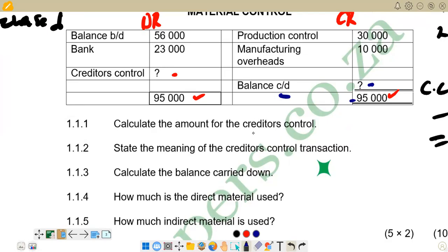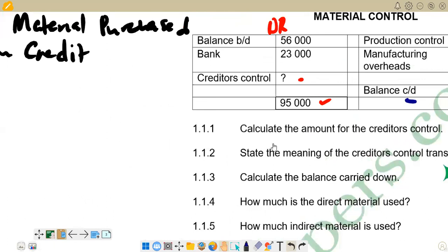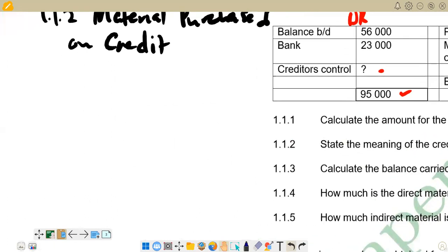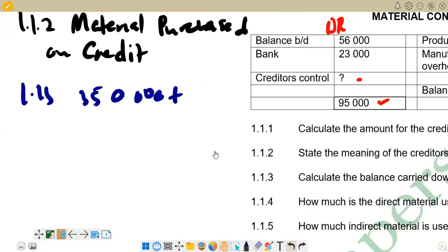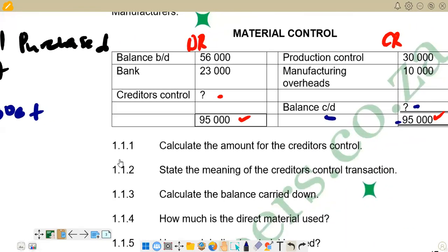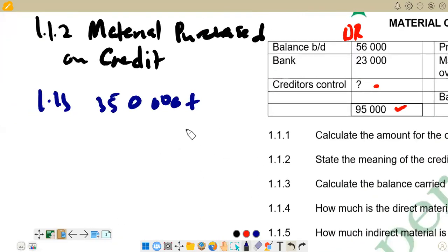So we can also formulate a formula there by saying 10,000 plus 10,000, we are at 1.1.3, sorry. We are saying 35,000, and then we add the other figure, 10,000.